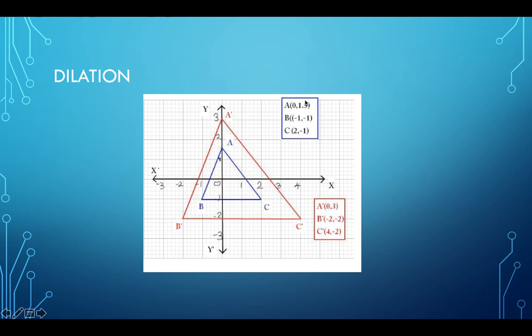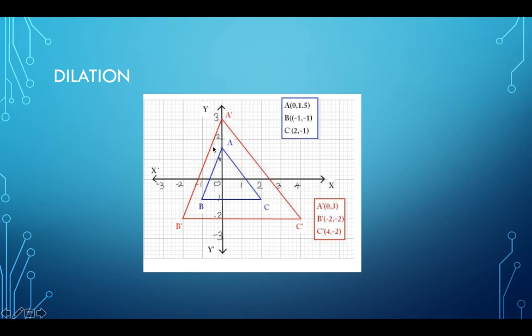So to get from 1.5 to 3, I have to multiply 1.5 by 2. And same here, if I'm looking at B, it's going from negative 1 to negative 2, and I have to multiply that by 2 to get from negative 1 to negative 2. So I can see just by my coordinates that I'm dilating this figure by a factor of 2.